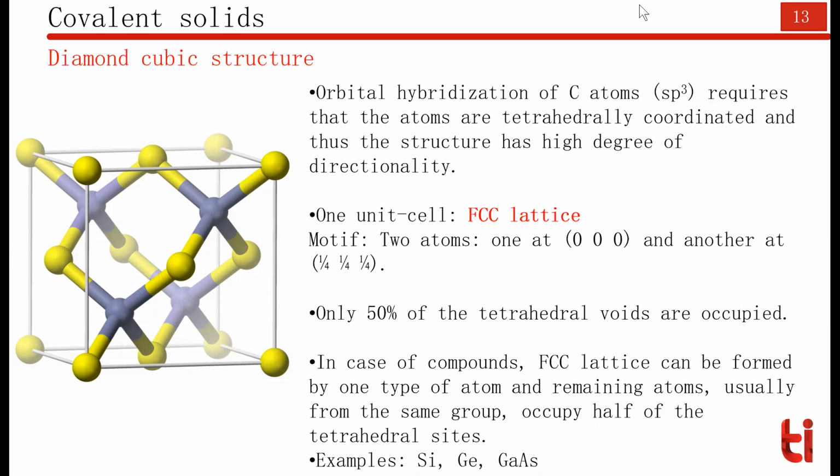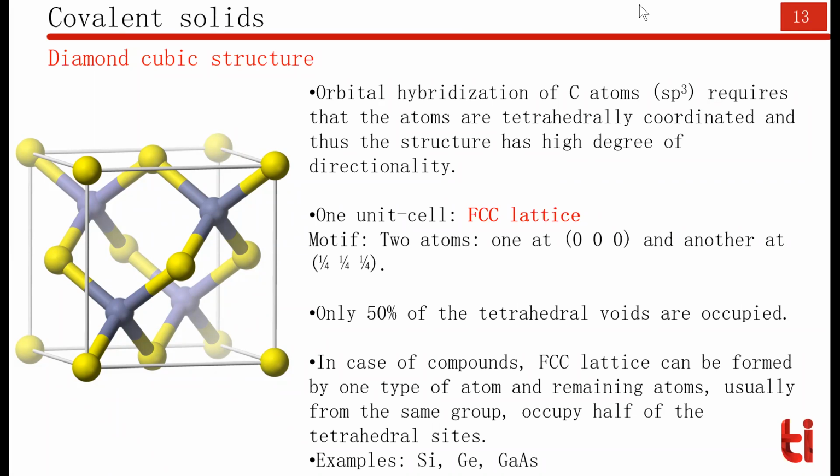Under different circumstances, the orbitals of carbon superimpose on the orbitals of the neighboring carbon in a way that creates a hybridized structure. So you can have an sp hybridization where an s orbital overlaps with a p orbital, or an sp2 hybridization where one s orbital overlaps with two p orbitals, or an sp3 hybridization where one s orbital overlaps with three p orbitals.